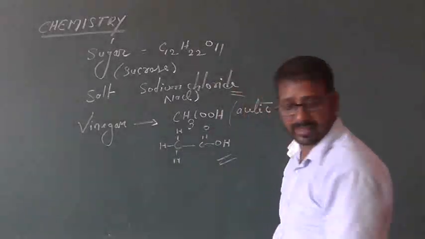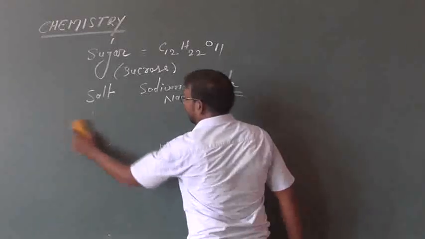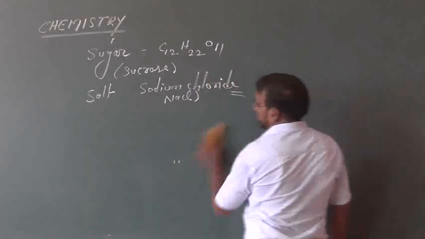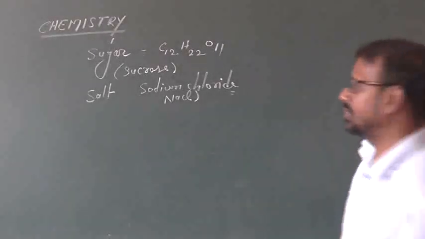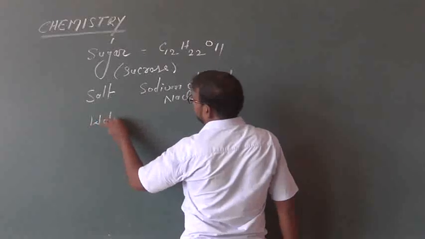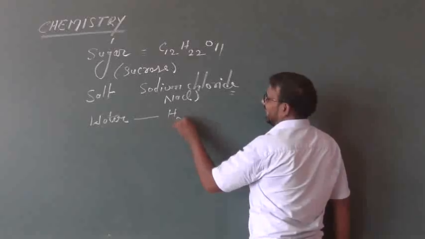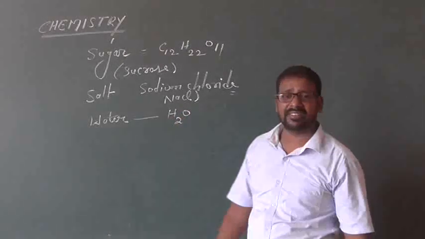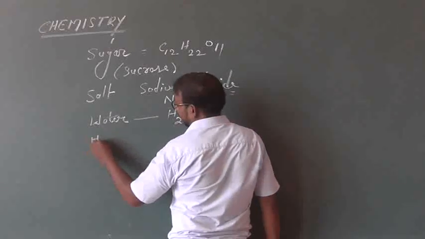Now again, a few more chemicals which are very important in our daily life. What is the formula of water? H2O. That is very clear. But I will ask, what is the formula of hydrogen peroxide?